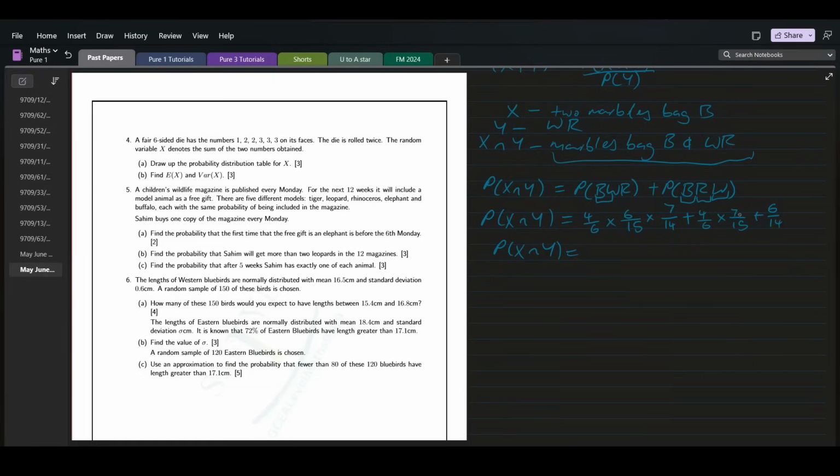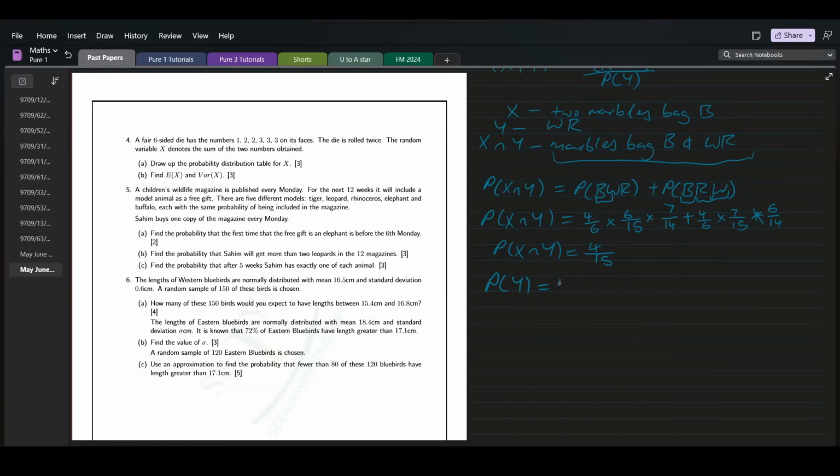This should be a multiplication sign over here, times 6 over 14, and this gives us 4 over 15. This is the probability of X intersection Y. We also need to evaluate the probability of Y, and that's the probability of picking 1 white and 1 red marble.